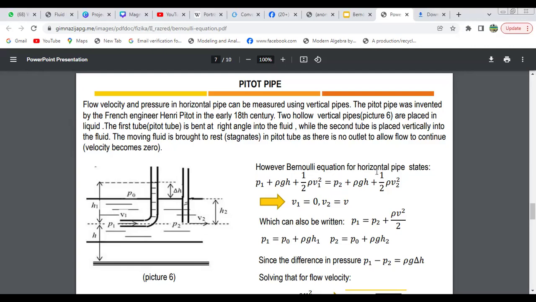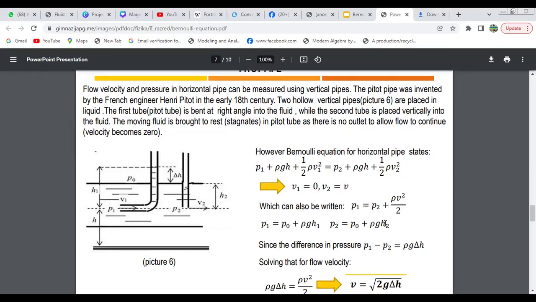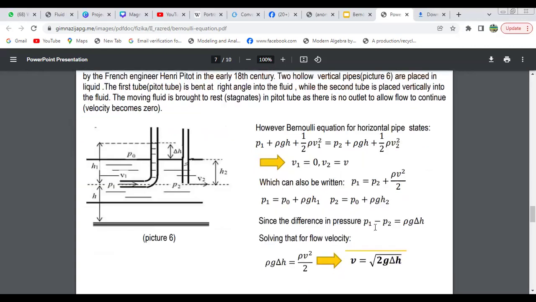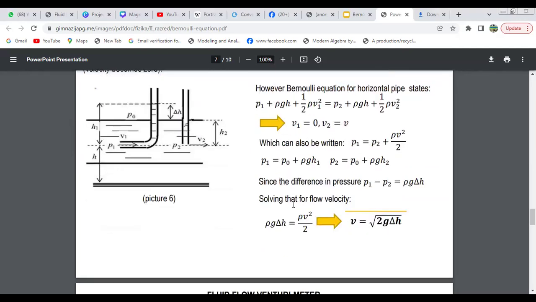The Bernoulli equation for the horizontal pipe will be this. If B1 equals 0 and B2 equals B, we can write this. Since the difference in pressure, P1 minus P2, equals rho G S del S, solving for flow velocity, we get B equals root over.